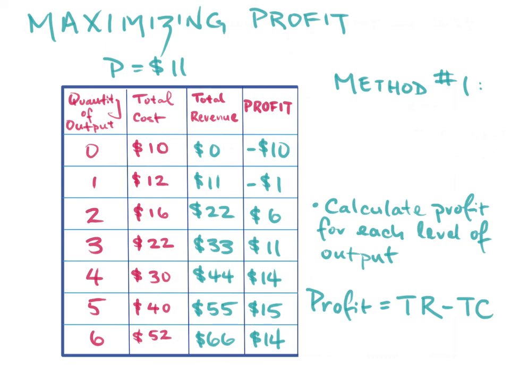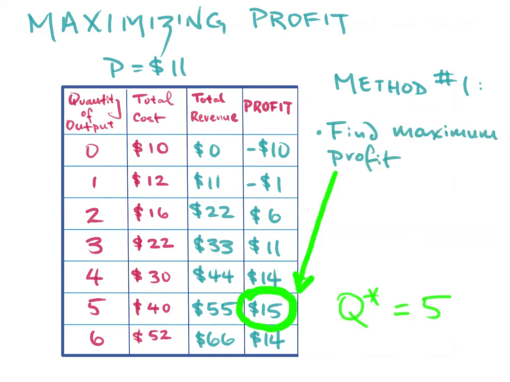Producing 1 widget, the revenue is $11, the cost is $12, profit is a loss of $1. Producing 2 widgets, the firm's profits are $22 of revenue minus $16 of cost equals $6 of profit. And so I continue down and calculate the profit the firm would get from producing each level of output, from producing 1, 2, 3, 4, 5, 6.